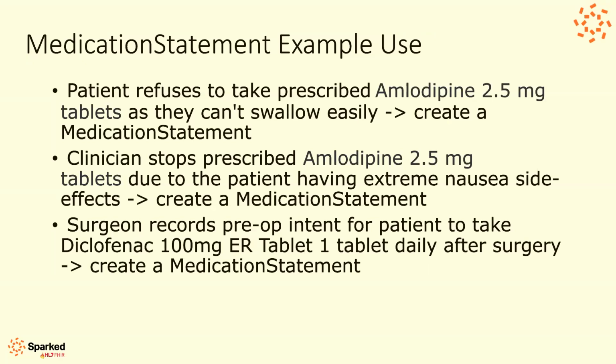of that particular action. We have also things like intentions. So it's possible to have, say, a pre-op intention for a patient to take something. So you may actually want to indicate some kind of plan to do something based on a future event or something like that.